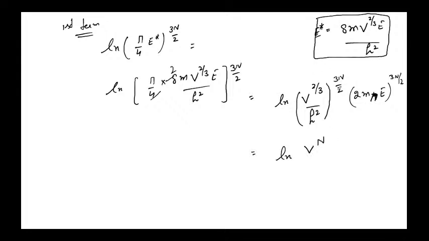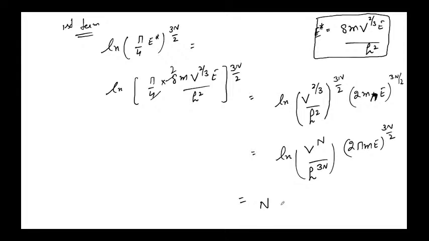The 2 gets cancelled with this, the 3 gets cancelled with this, so over h to the power 3n, multiplied by 2 pi me to the power 3n by 2. Now take all the powers outside.